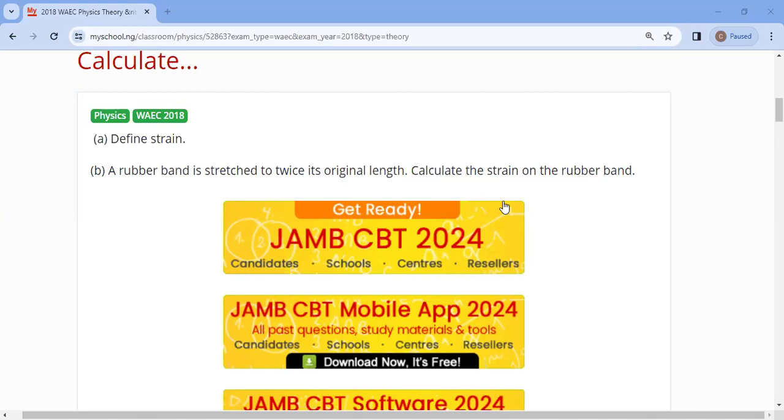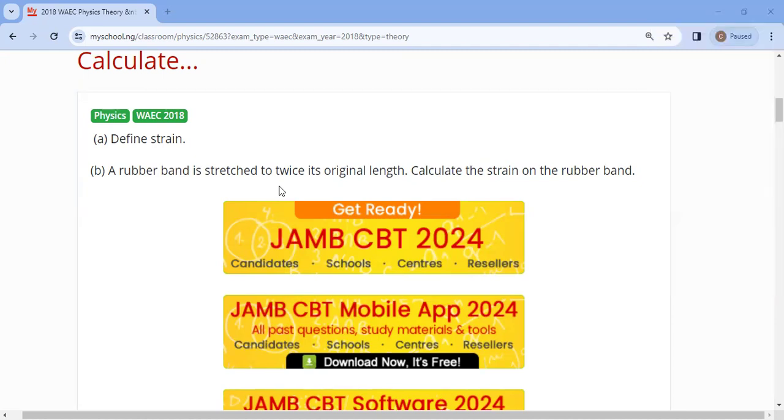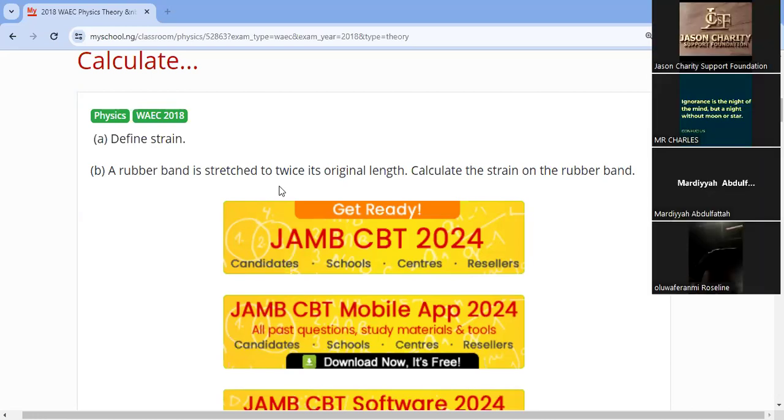So now my final answer will be what? L over L. So the strain in this question is L over L. So what's L over L mathematically? Who knows the answer?